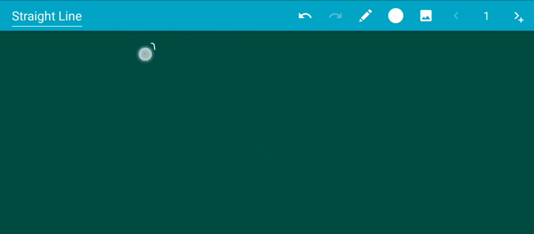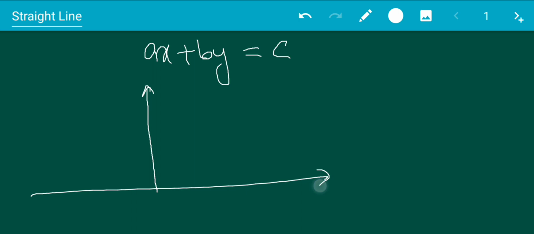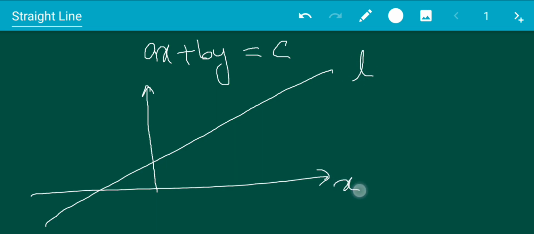So simply you can see the linear equation ax plus by equal to c is a straight line. Now suppose we can draw one thing. This is the coordinate axes, this is a line. Suppose this is L, which is inclined with the positive direction of the x-axis at an angle of theta.